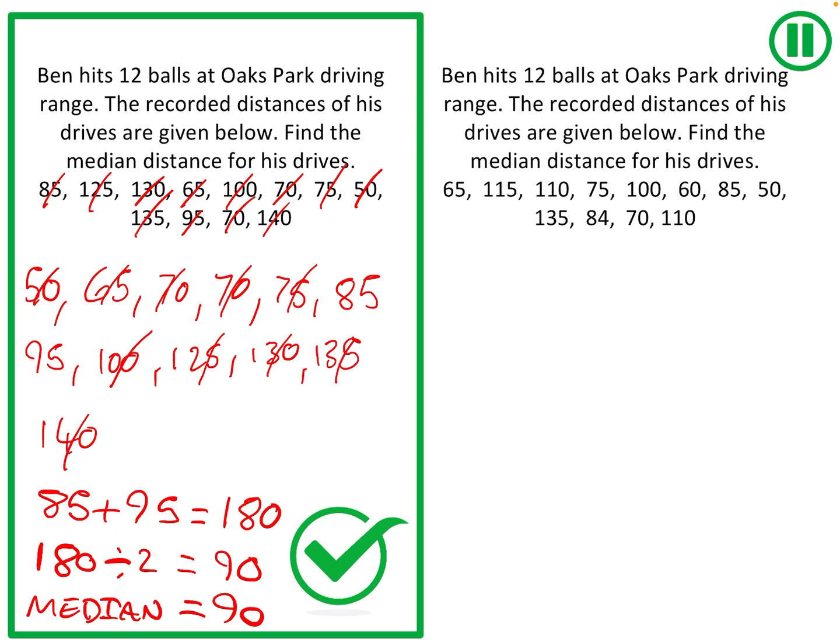So the smallest piece of data I have here is 50. Then it goes 60. Then 65. Then it goes 70. 75.